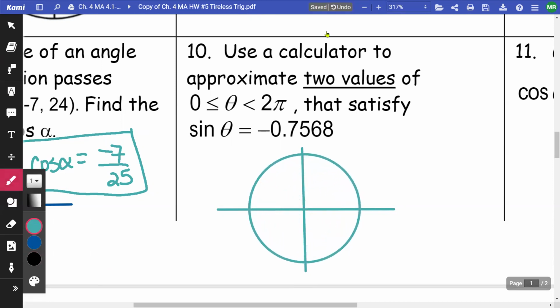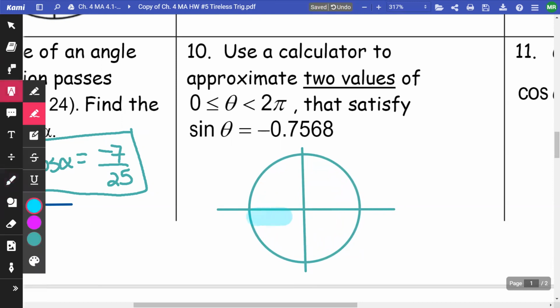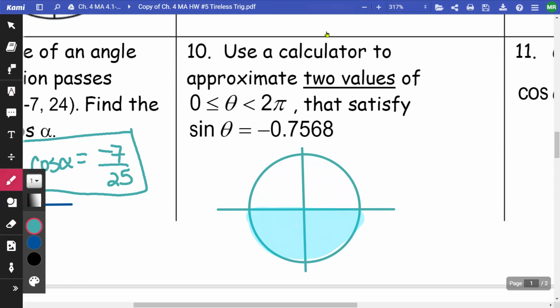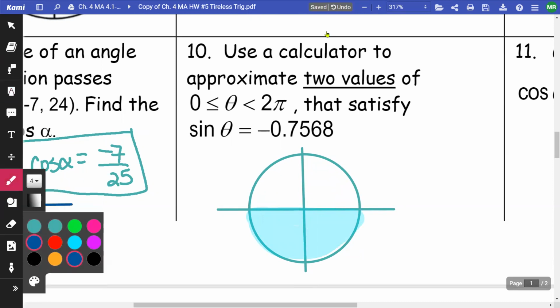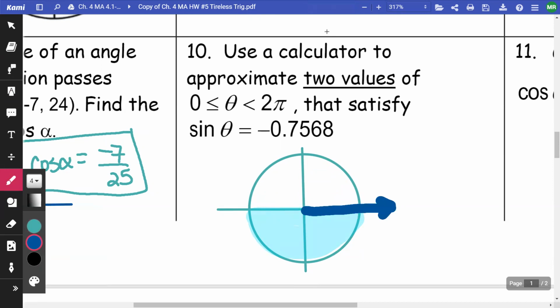So if I'm talking about sine being negative, I'm going to be down in these two quadrants, quadrants 3 and 4.